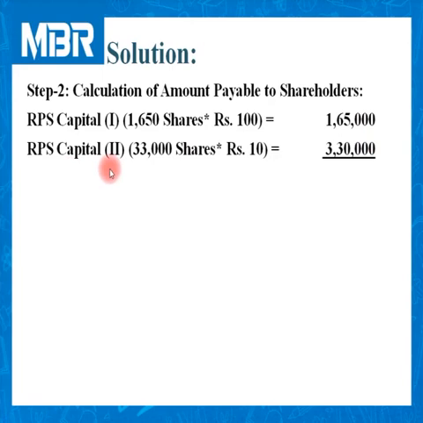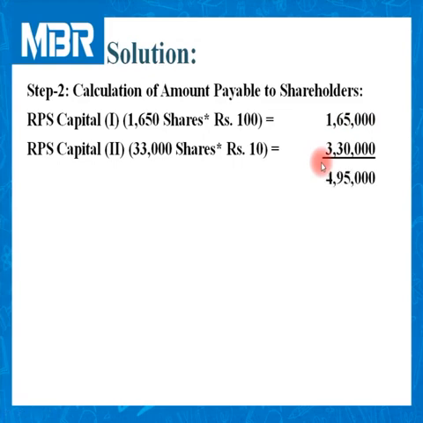RPS capital 2, 33,000 shares, face value is rupees 10. Earlier, rupees 8 paid up per share. We have already called 2 rupees on final call. So we need to pay 8 plus 2 is equal to 10. So 33,000 shares multiplied by rupees 10 per share. So amount is 3,30,000.